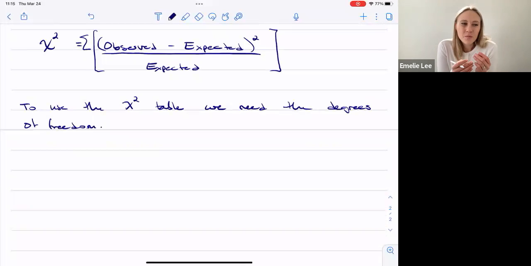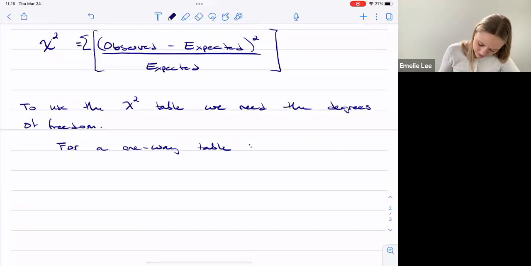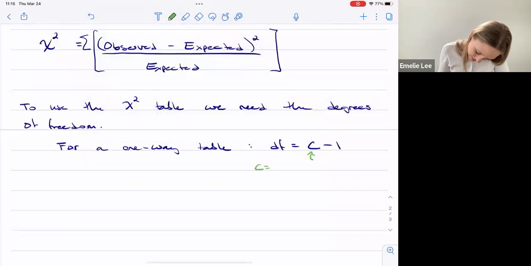For a one-way table, for one categorical variable, we just have the number of categories and that's it. So it's the number of categories minus 1. So for a one-way table, the degrees of freedom is C minus 1, where C is the number of categories or columns.